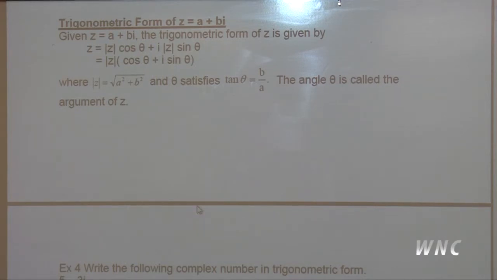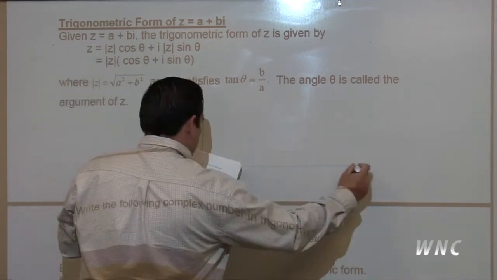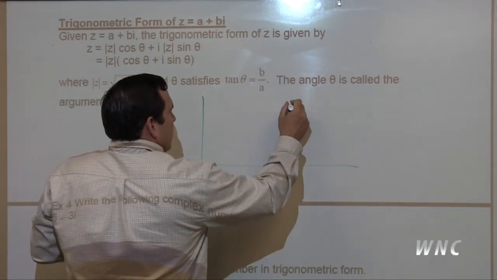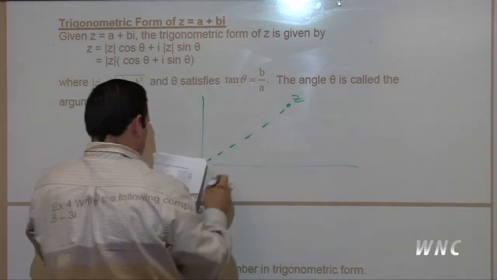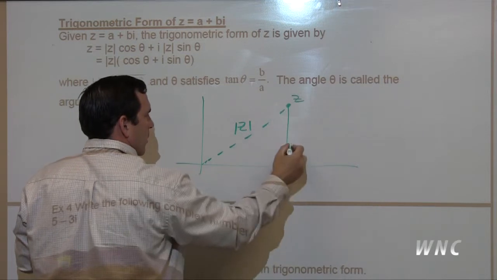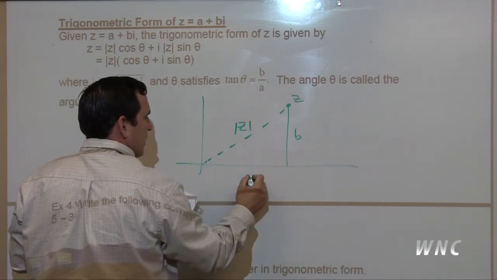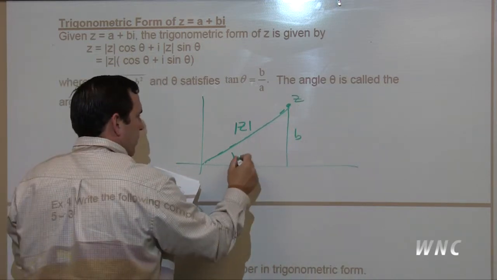Now let me draw a little picture here to reference this. So this is z. Here's your magnitude of z. This is b, this is a. And here's your theta.